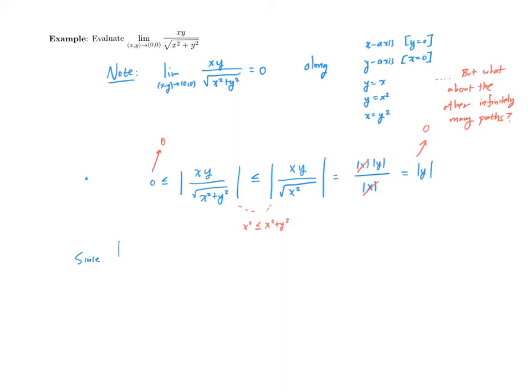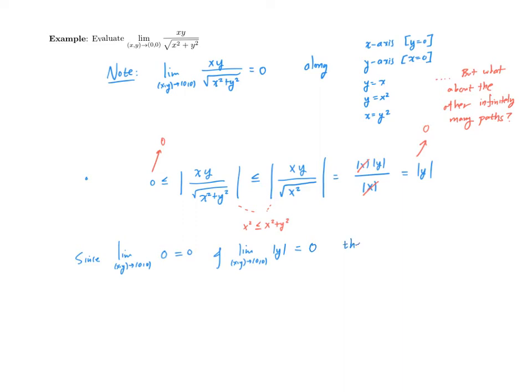Let's write down some details to go with this. Since the limit as (x, y) approaches the origin of 0, the limit of a constant is always that constant, and the limit as (x, y) approaches 0, 0 of the absolute value of y, well, if y is approaching 0, the absolute value of y certainly must be approaching 0 as well.